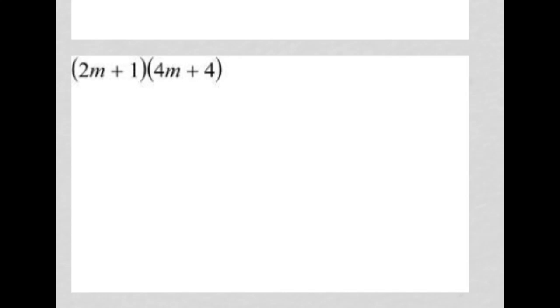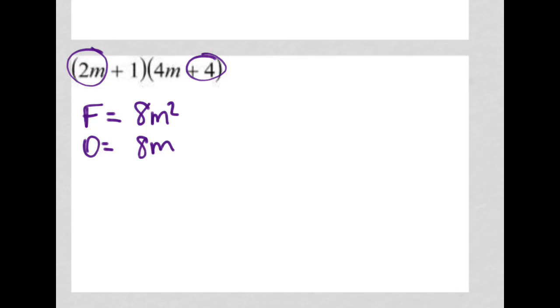Alright, so number 3. First terms, 2m times 4m, you should have gotten 8m squared. Outside terms, 2m times 4 is 8m. Inside terms, 1 times 4 is 4m.